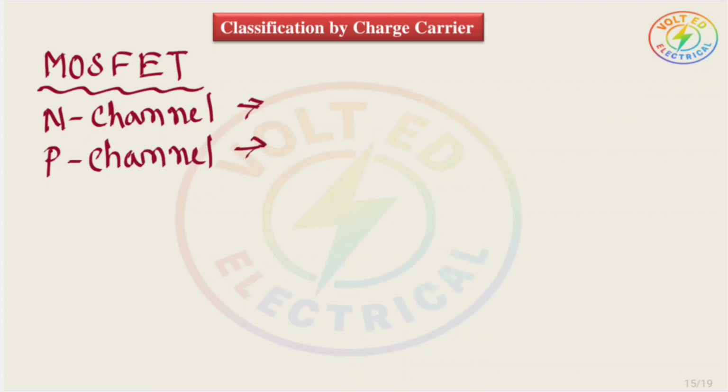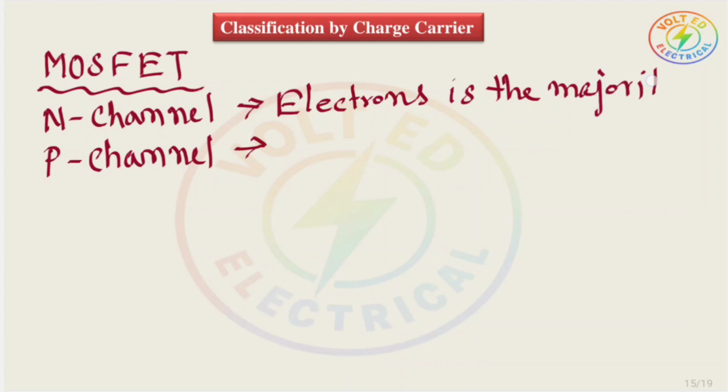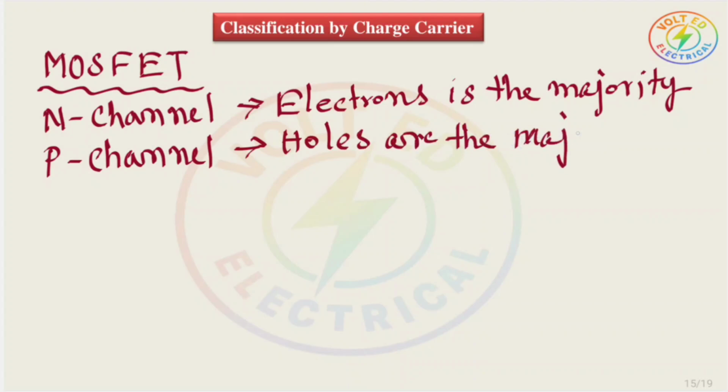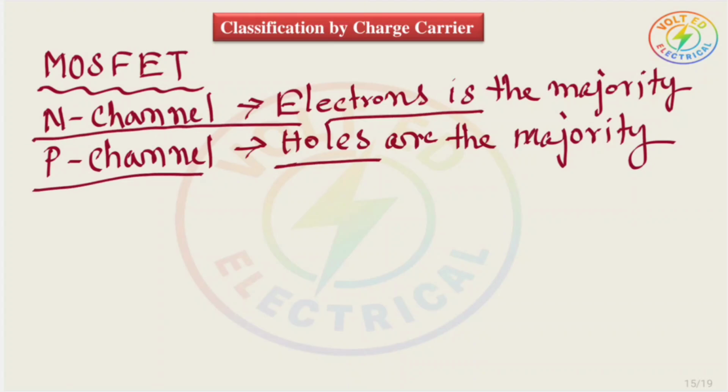In the case of an N channel MOSFET, electrons are the majority carriers, and in the case of a P channel MOSFET, holes are the majority carriers. Since only one type of carrier participates in the conduction of a MOSFET, like in the N channel only electrons are involved and in the P channel only holes are involved, this device is called a unipolar device and a majority carrier device.